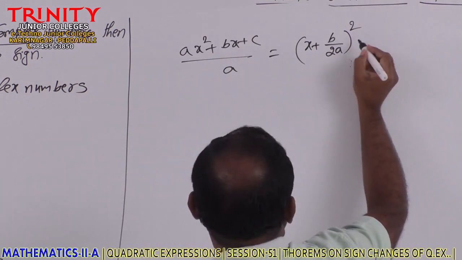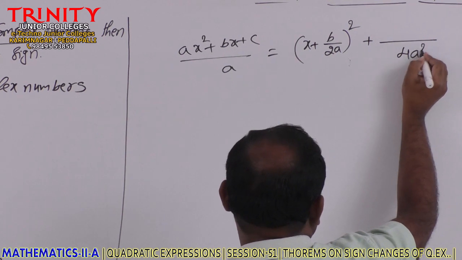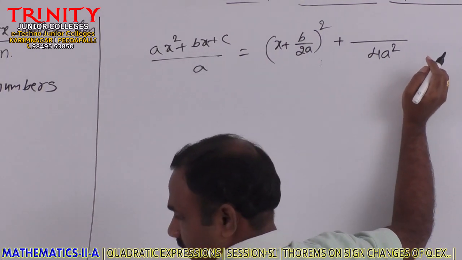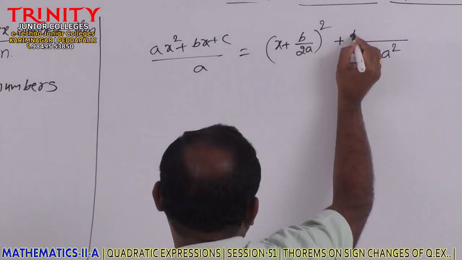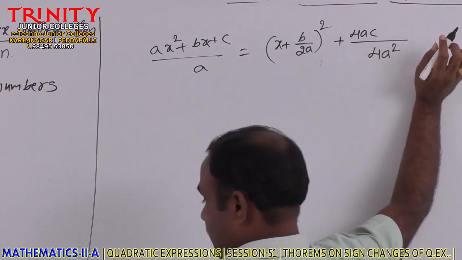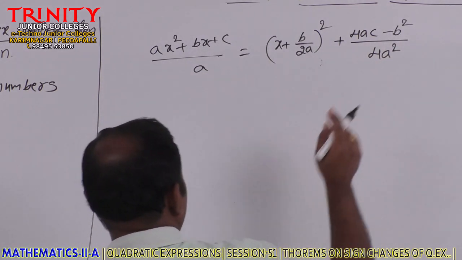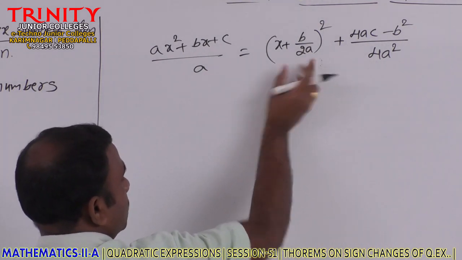From these two, first I am writing the positive term, and the LCM is 4a square. Here we have a, there 4a square is there, therefore we should multiply the numerator with 4a. Already c is there: 4ac minus b square. See, x plus b by 2a whole square is always positive.